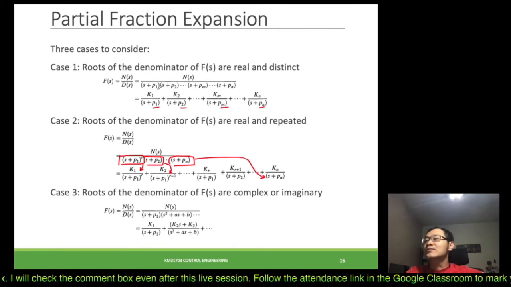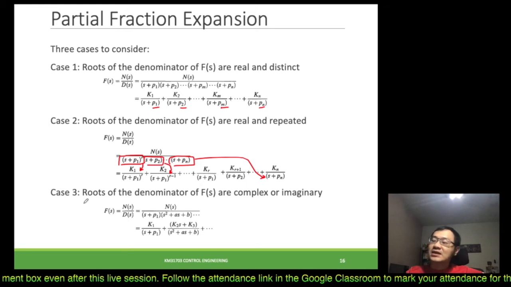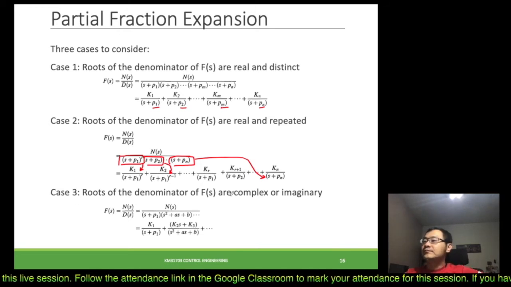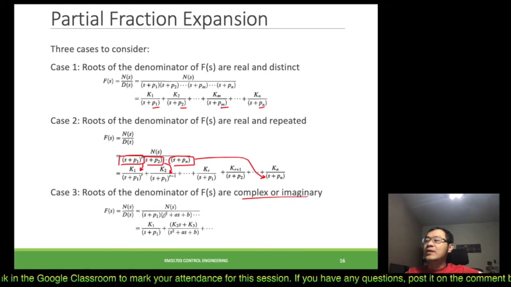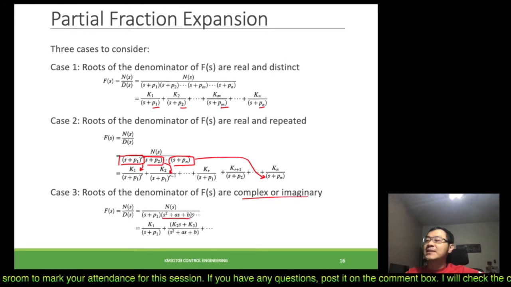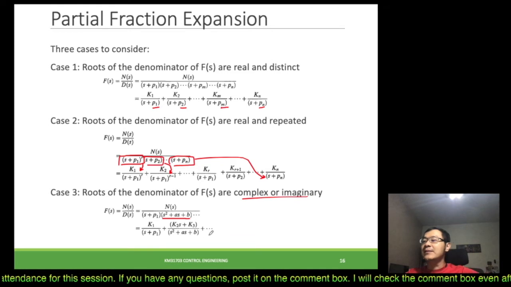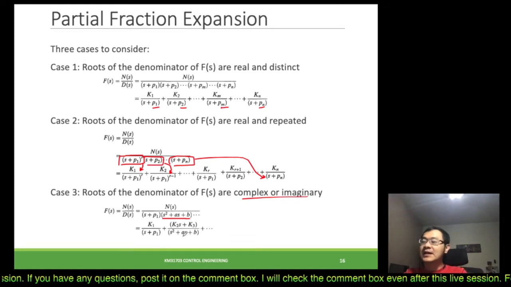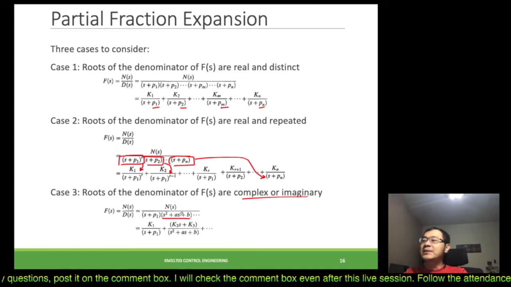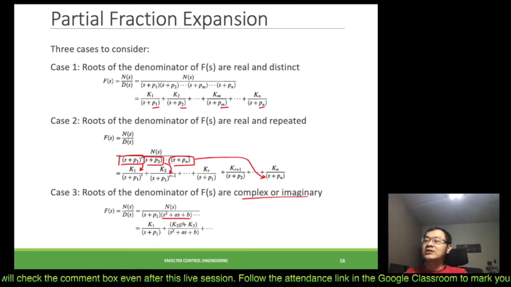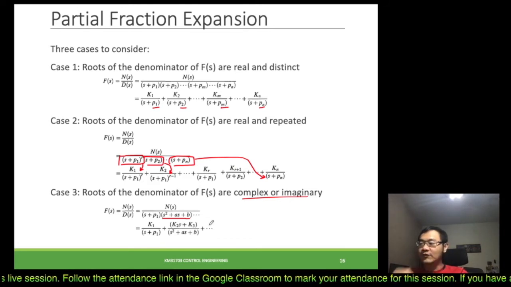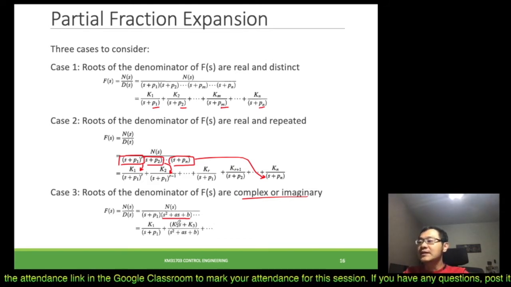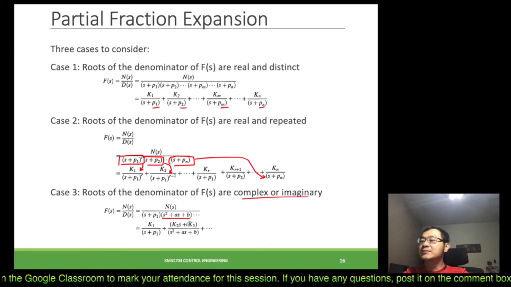And for case number 3, it may involve complex and imaginary roots. When it involves a complex and imaginary part, you just have to repeat them. But when we repeat it, make sure the upper part, the numerator part, will have the complex numbers of form k2s plus k3.